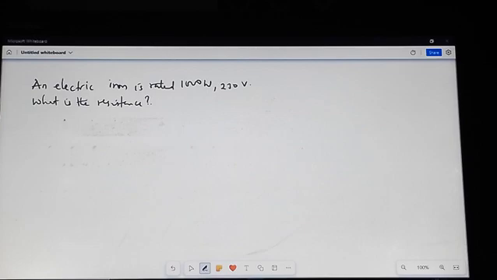This is quite easy. Your power is given as 1000 watts. V is equal to 230 volts. You are asked to find R. Now, I always say this is the simplest equation for power. But we don't have current. We are looking for R. So once you can remember this expression, you can get any other one from it.